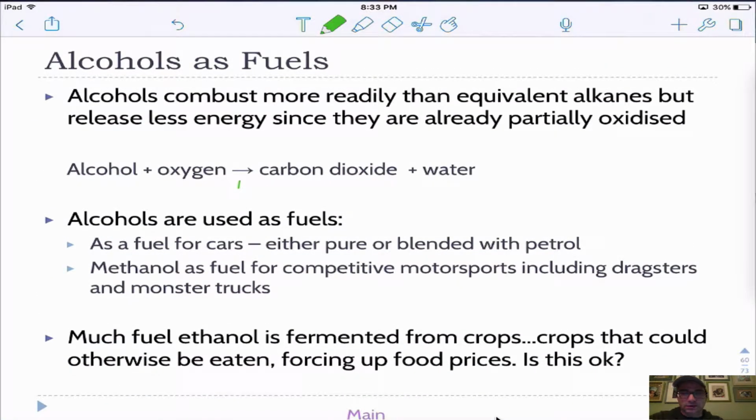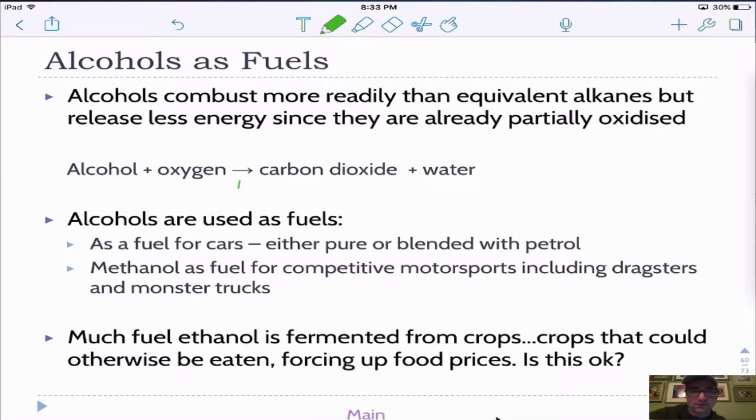Because alcohols are combustible, they're readily used as fuels. In fact, when you go to the gas station, you might notice that sometimes it says the fuel contains up to 15% ethanol or 10% ethanol. That ethanol is an alcohol with two carbons, and it is used as an additive to the fuel. They've been doing this for a long time now. Methanol can also be used for things like competitive motorsports and even monster trucks.